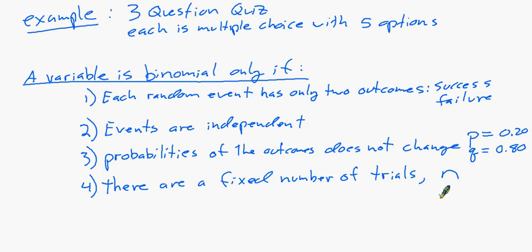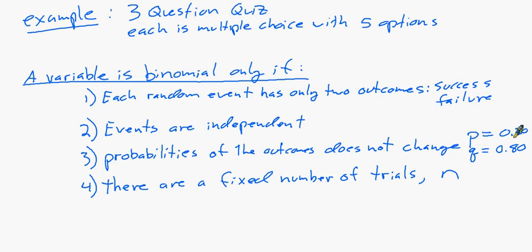So we can now look at this question more specifically, because it does actually qualify as binomial. And not everything does. Binomial is a very strict and very rigid set of criteria. So it only applies when these 4 criteria are met. Now, these criteria have been met for this question, this example.